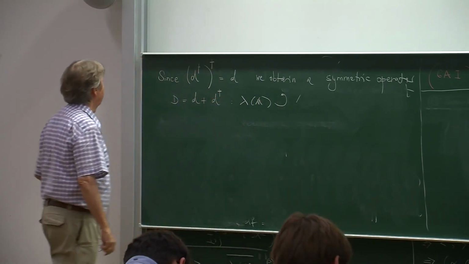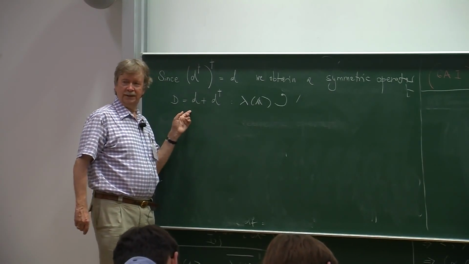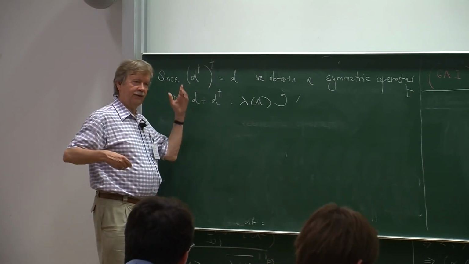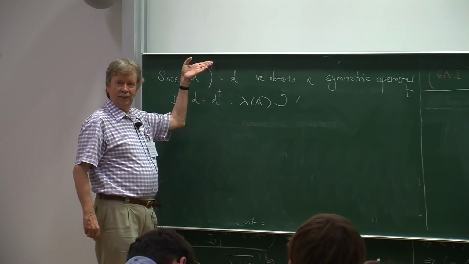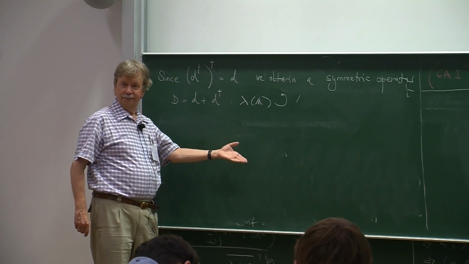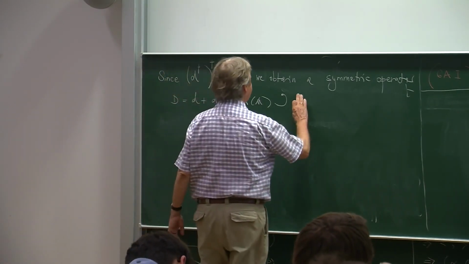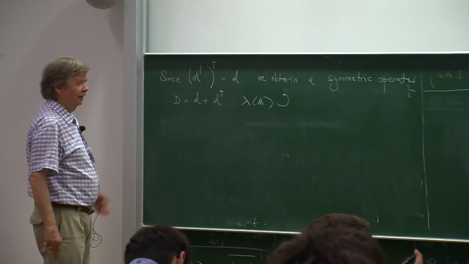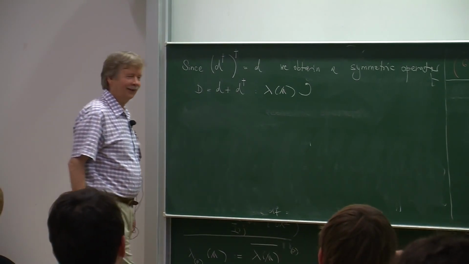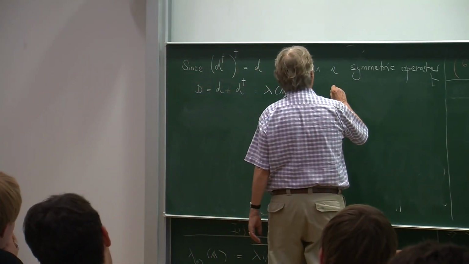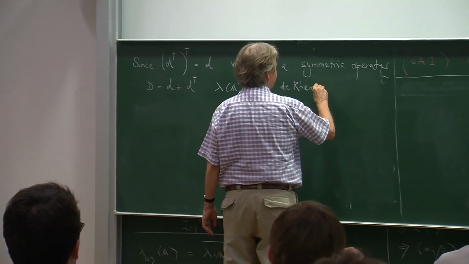A very nice operator. Unfortunately, it does not respect the degree. So it mixes degrees. If you start with something of degree i, it goes to i plus 1 and i minus 1. So that's probably why some people don't like it. I mean, this operator does not even have a name in the literature. So I call it, historically correctly, I think, the de Rham-Hodge operator.